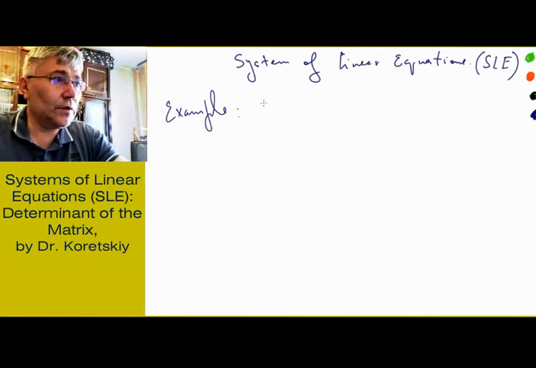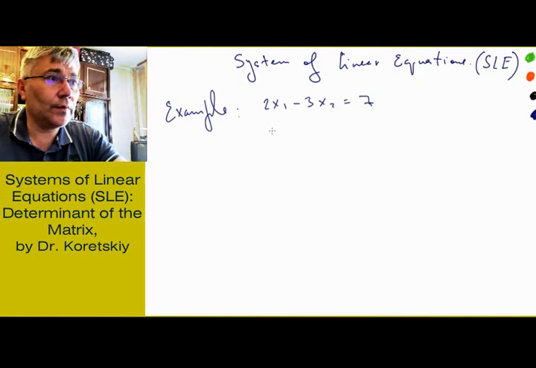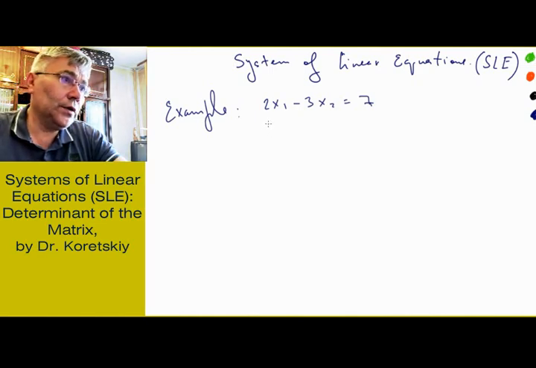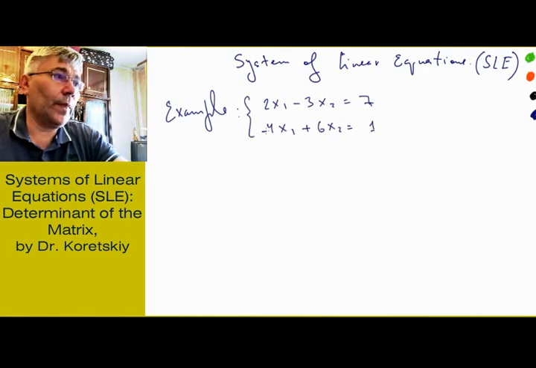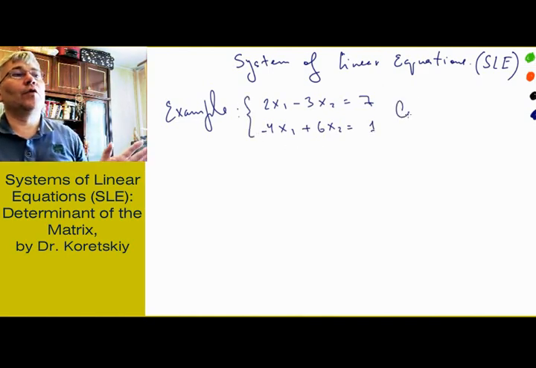So you have a given system of equations 2x1 minus 3x2 equals 7, for example, and 4x1 plus 6x2 equal 1, for example, and you want to calculate the roots.